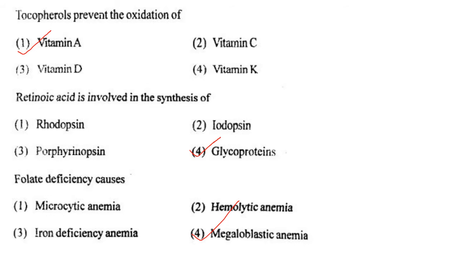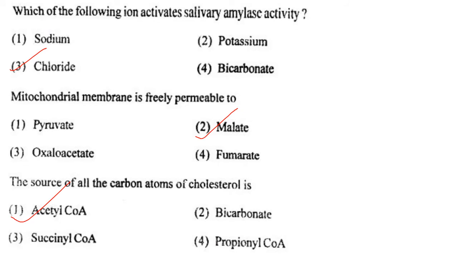Answer is option 4, megaloblastic anemia. Next one. Which of the following ions activates salivary amylase activity? Option 1, sodium; 2, potassium; 3, chloride; 4, bicarbonate. Answer is option 3.